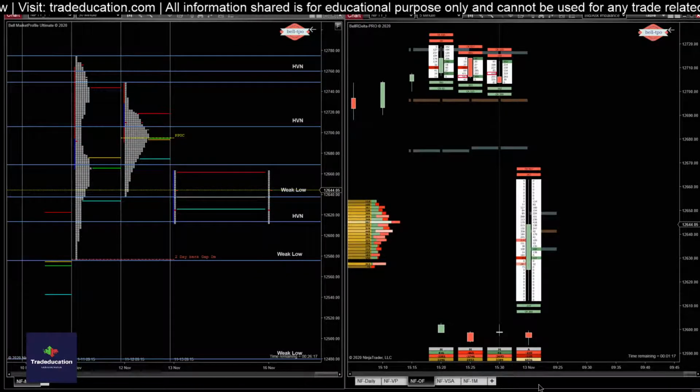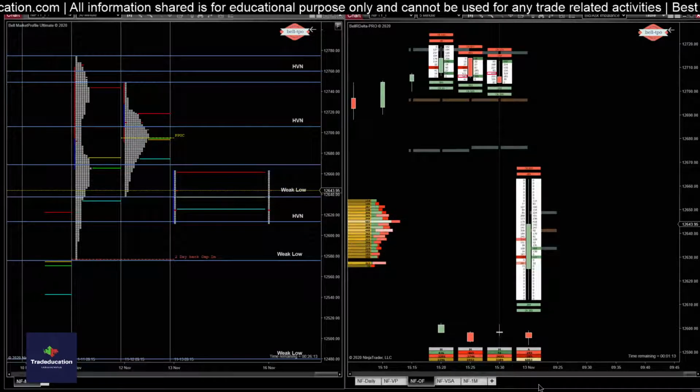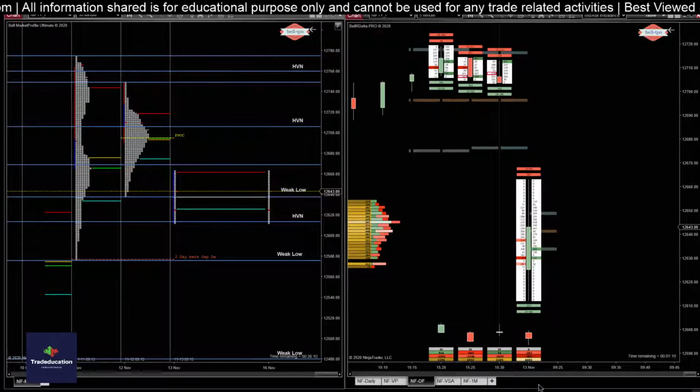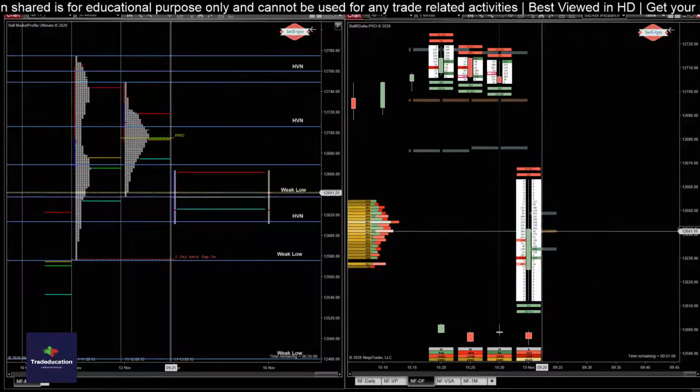Now it's just a game of wait and watch, a game of patience. The auction is tagging VWAP and going higher. Auction is again tagging VWAP, going higher.